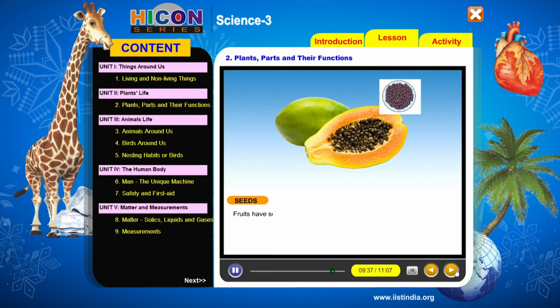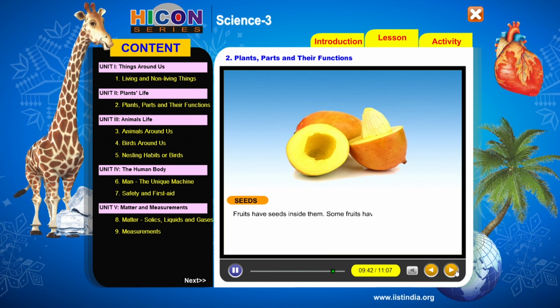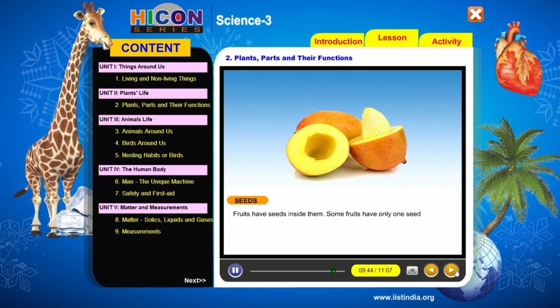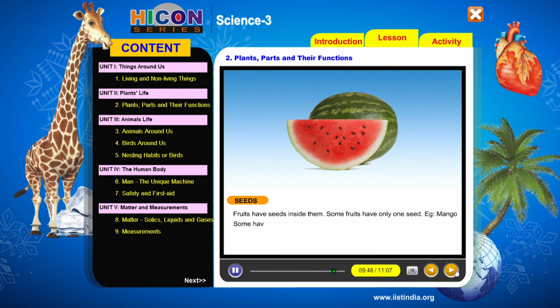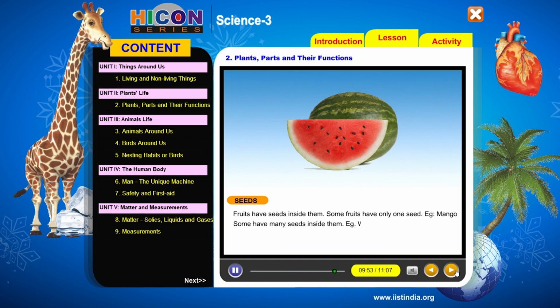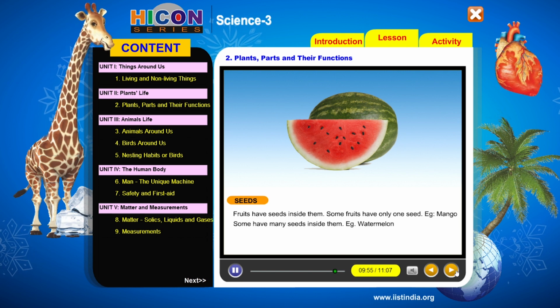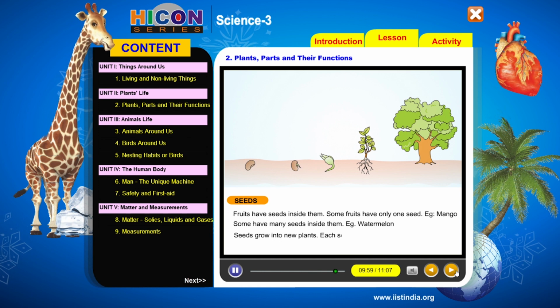Seeds. Fruits have seeds inside them. Some fruits have only one seed. Example, mango. Some have many seeds inside them. Example, watermelon. Seeds grow into new plants.